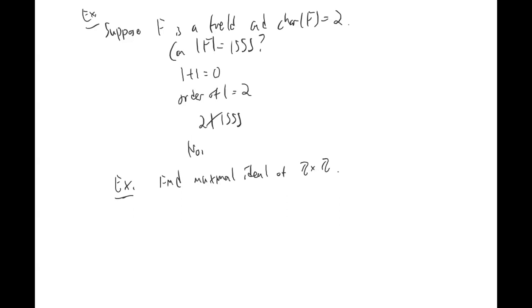So before I continue, can anyone tell me, if I have an ideal I of Z and J of Z, right, so these are ideals, can anyone tell me what this is? You can check that this is still an ideal because I and J are ideals and all operations are done component wise.